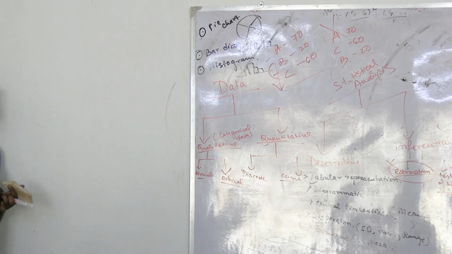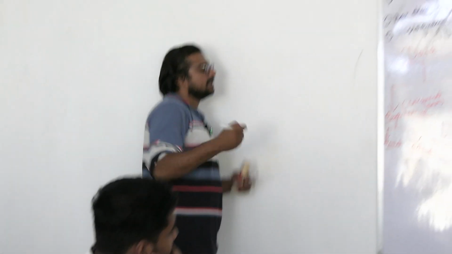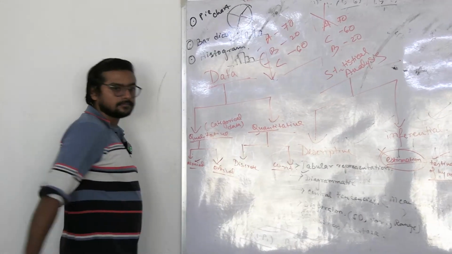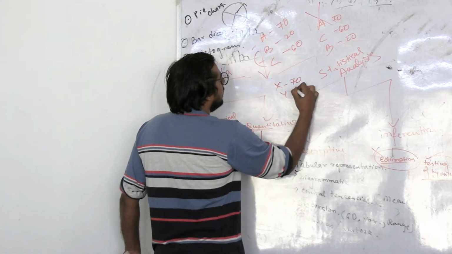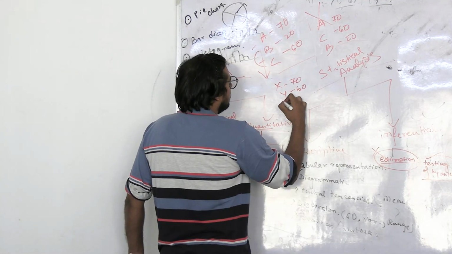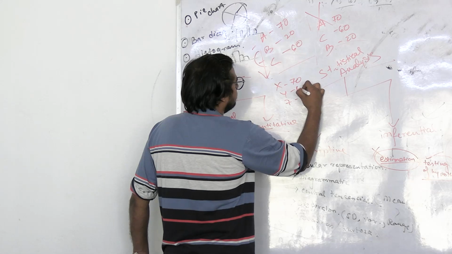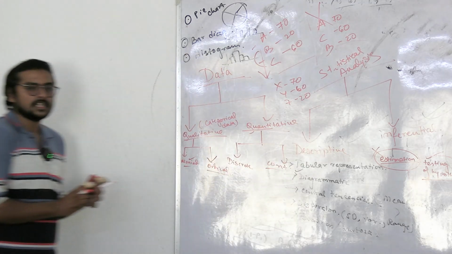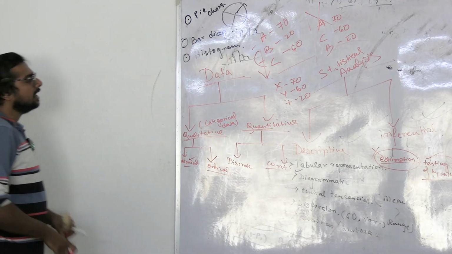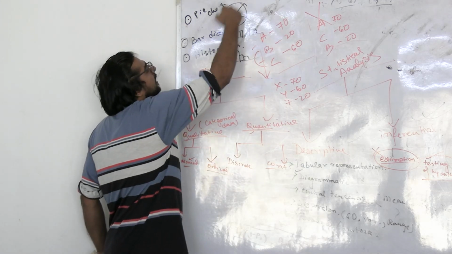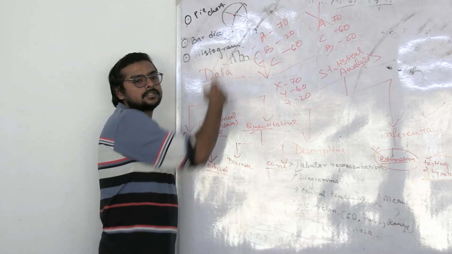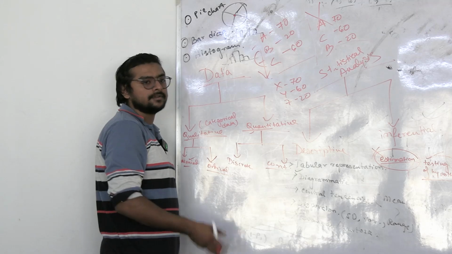Now, which diagram are we going to use, in which case? Say, for nominal data, X 70, Y 60, Z 20. Here, there is no sense of ordering, correct? In a pie chart, can you find any sense of ordering out here? Which is the first one? You don't know, correct? Which is the second one? You don't know.